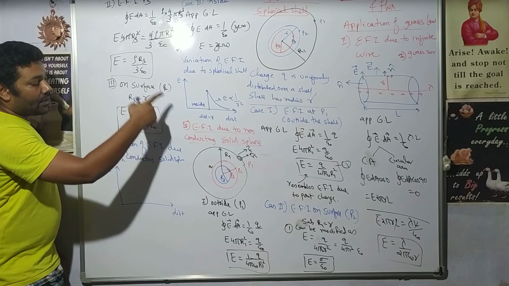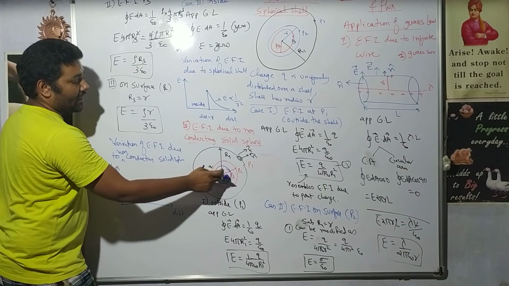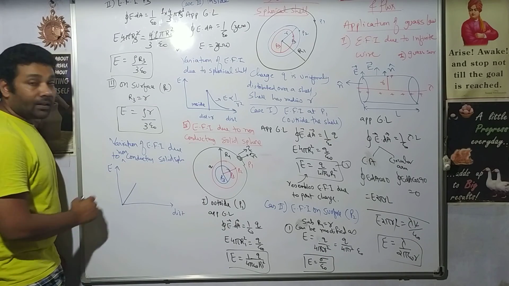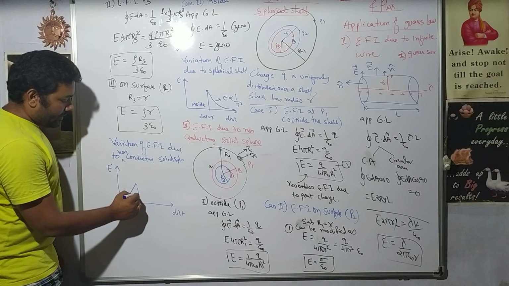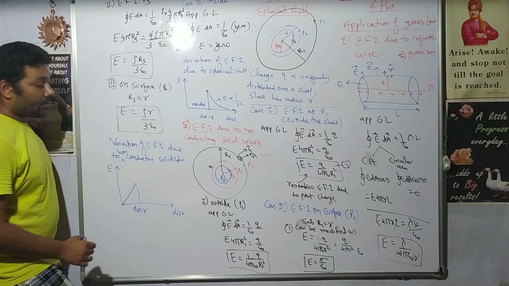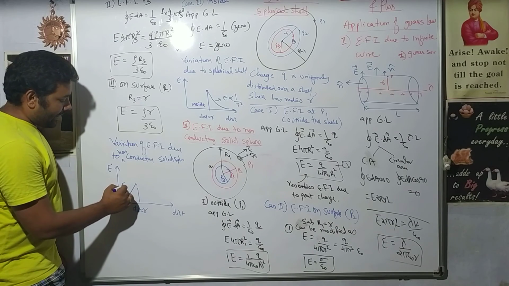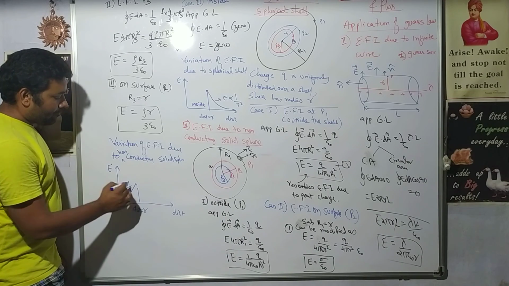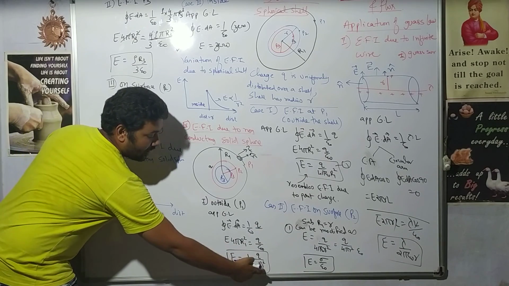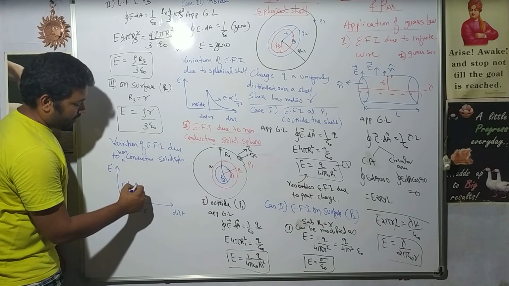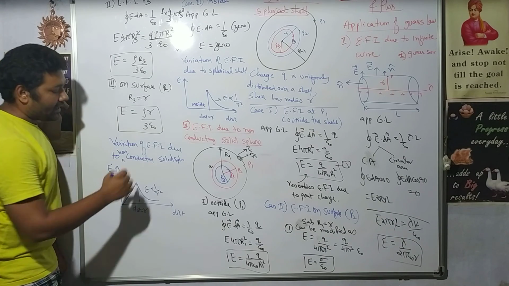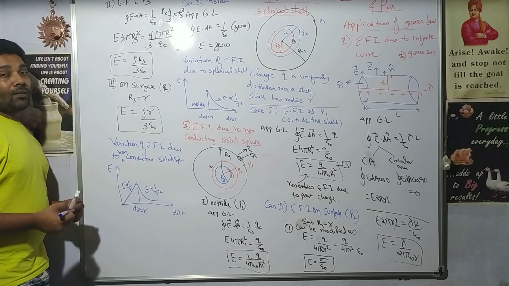As radius increases from inside, the electric field will also increase. This is on the surface, where distance is exactly equal to the size of the sphere. So inside, the electric field intensity varies directly with the distance. But as soon as it comes outside, the variation is square. So outside the variation will be curved. The electric field intensity varies inversely to the square of the distance.